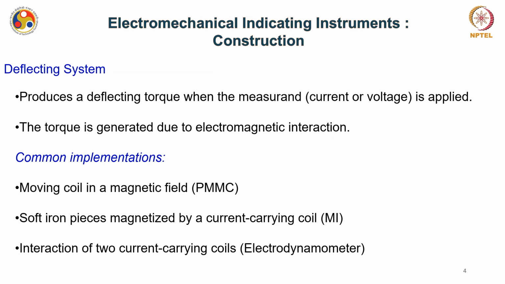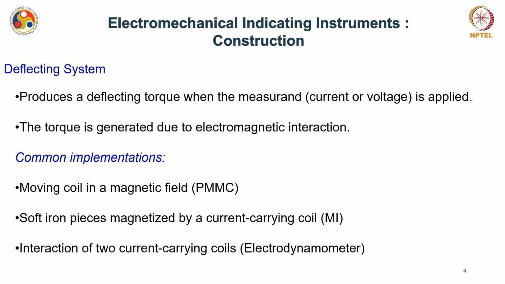Okay. Let us see what a deflecting system is. We have already seen this during the discussion on our torque. Okay. So, the deflecting system, as the name suggests, produces deflecting torque when the measurand is applied. The measurand is in the form of certain electrical parameter, be it current or voltage. Okay. The torque is generated due to electromagnetic induction, or if there is any other way, we will talk about that.